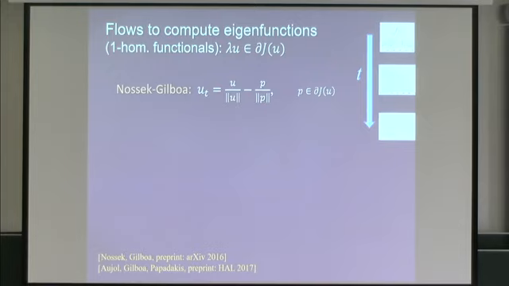Okay, so there is a flow we propose with my student Raz Nosek, how to isolate a single eigenfunction for one homogeneous functional. So basically the flow does like this. It has some initial condition, and it goes, and this is a nonlinear PDE, and it stops when it reaches an eigenfunction.